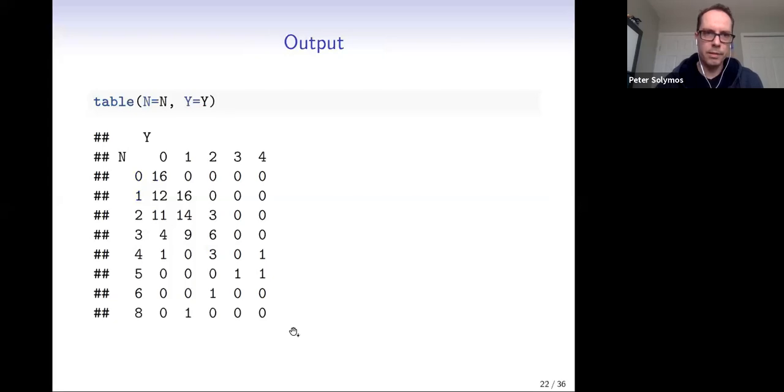So now we run this simple random number generation, a few lines, and this is what we get, similar to that table that we saw before. The true values versus our observations. When the true value was 0, we observed 0. When it was 1, sometimes we observed 0, sometimes we observed 1, and so on. So this is what we would get from a simulation.